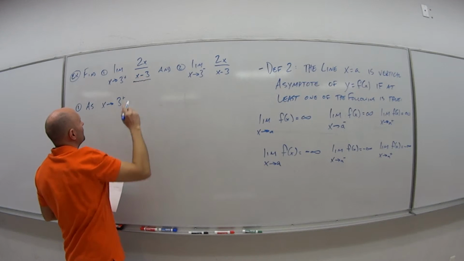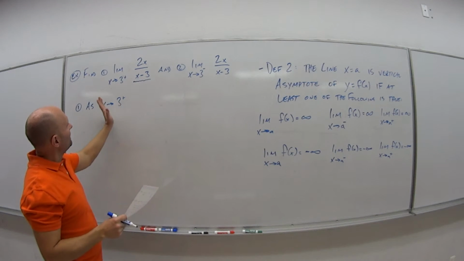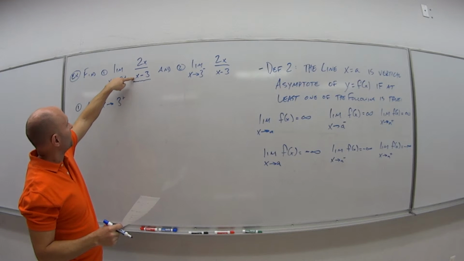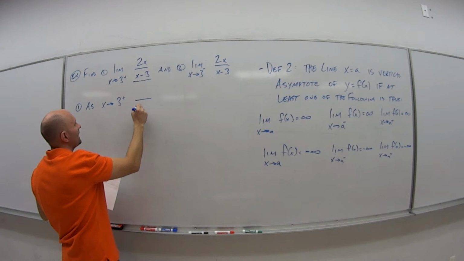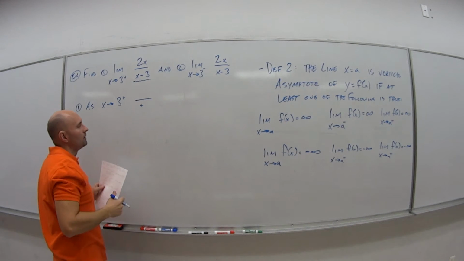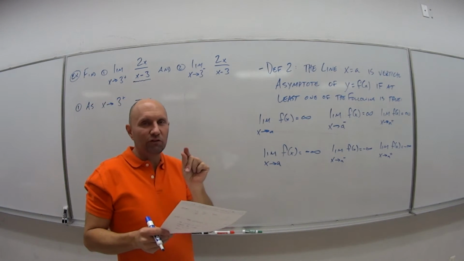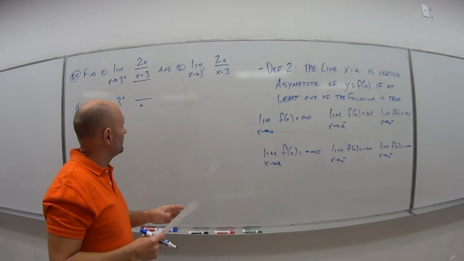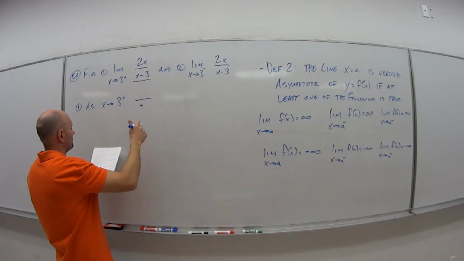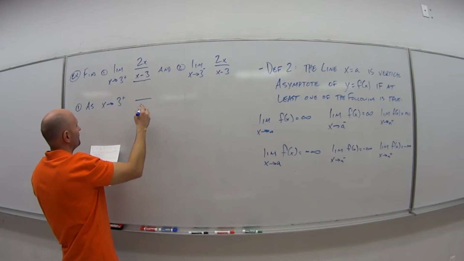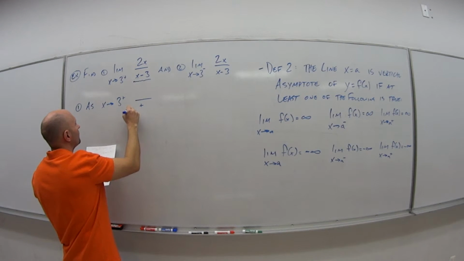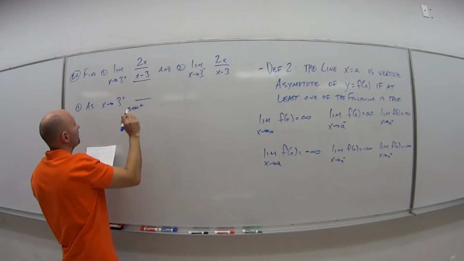For this denominator, if it's anything bigger than 3, so let's say 3.1, then 3.1 minus 3 is what? It's going to be a positive number, but the closer x gets to 3, it's going to become really, really little. So the denominator becomes a very small positive number.